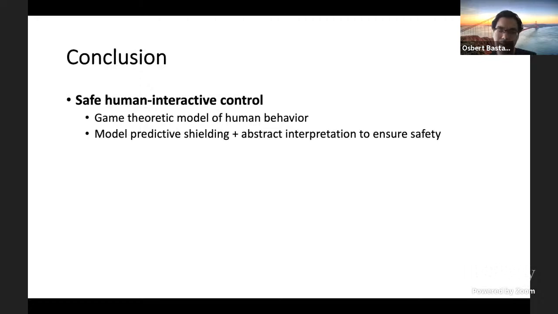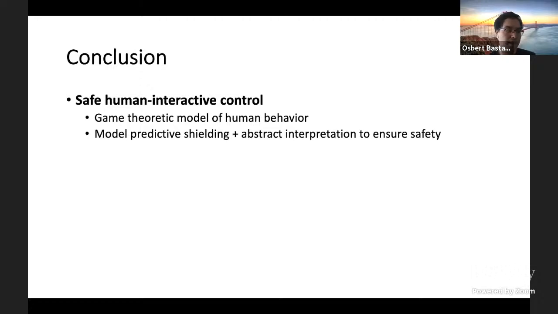That's a good question. We haven't thought about that specifically, but we've been assuming that you design the backup actions in a way that they apply to all humans. At least as a starting point, I think that's the right thing to do. But if you do observe that some human drivers drive more conservatively, then you might be able to tune their backup action set over time to account for that and still ensure safety.